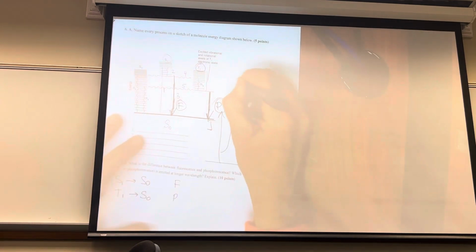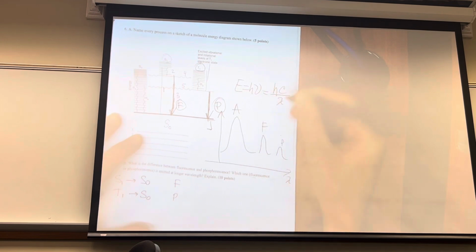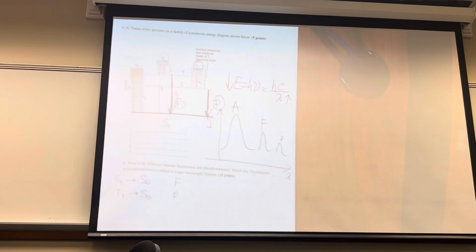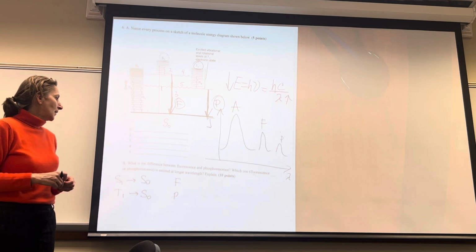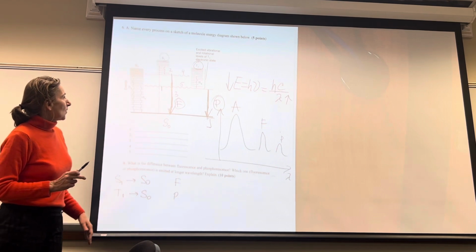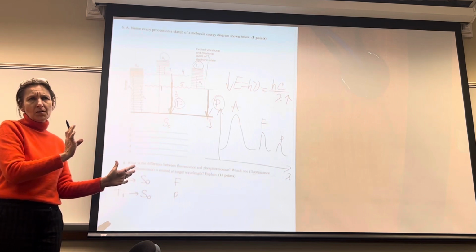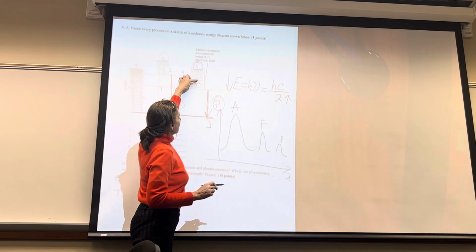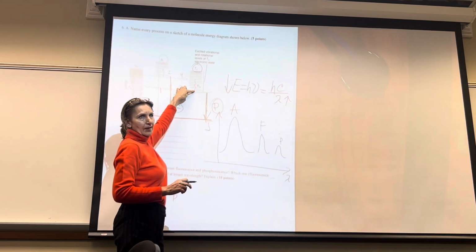Because energy is h nu or hc divided by wavelength. If the wavelength goes up, it means energy is going down. Or if energy is going down, it means the wavelength goes up. Okay, so fluorescence is red-shifted usually compared to absorbance. What about phosphorescence? Look, we lost some extra energy due to vibrational relaxation here.